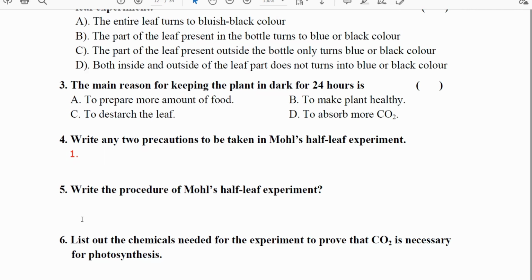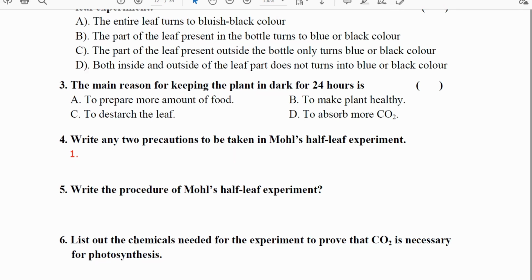Before inserting half of the leaf into the bottle, pour KOH to absorb the carbon dioxide present in the bottle. Then leave half of the leaf inside the bottle, with the rest of the leaf outside the bottle, and keep a tight fitting rubber cork at the mouth of the glass bottle so air does not enter into the bottle. Now keep this entire setup for 6 to 8 hours in the sunlight.